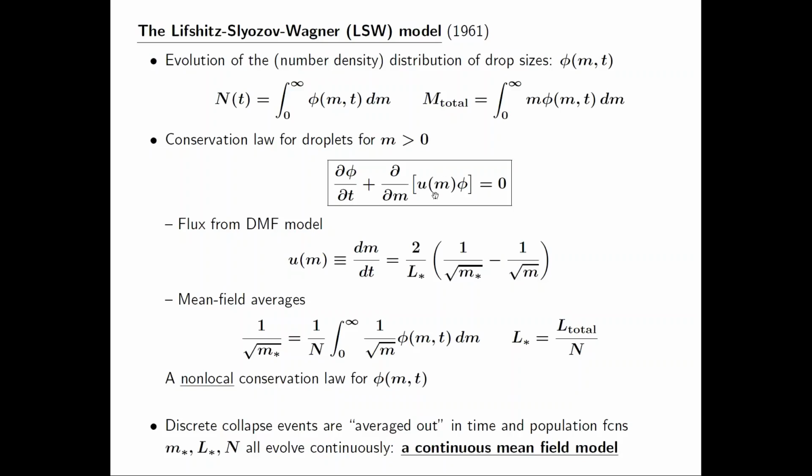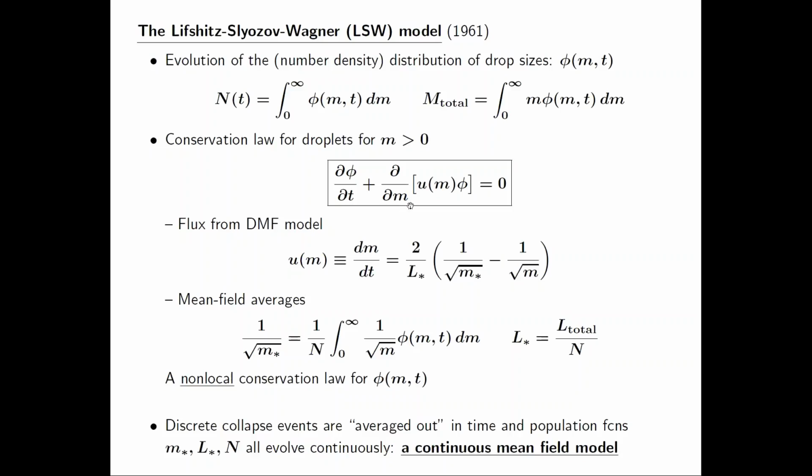So this fits into here, and where did I get this from? This is exactly the same equation that I derived on the previous slide for the interaction between individual drops. So this is just a first order hyperbolic conservation law, except that this velocity is very non-local in that it depends on this integral over the whole distribution, over the whole domain.